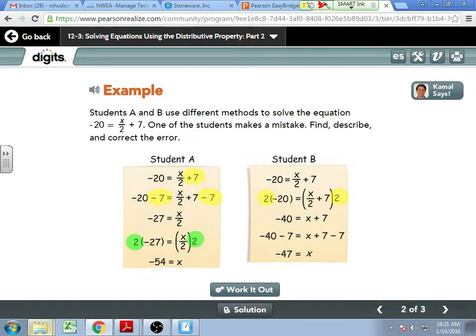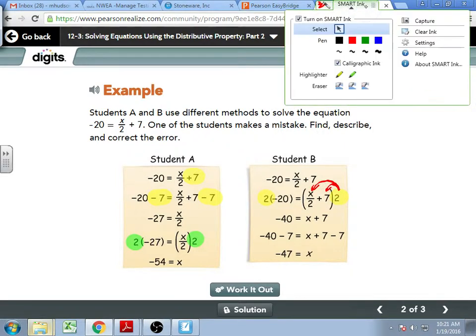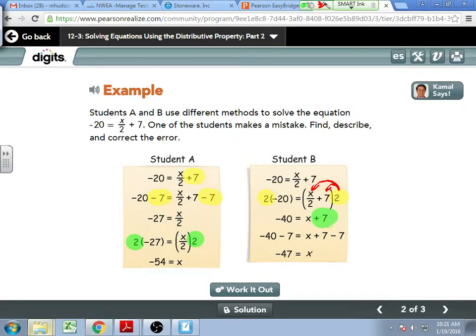So, if we multiply by 2 on both sides, if the first thing we do is multiply by 2, it would have to go to both values, and their 7 did not get doubled, so there is the mistake. That 7 should have been a 14.